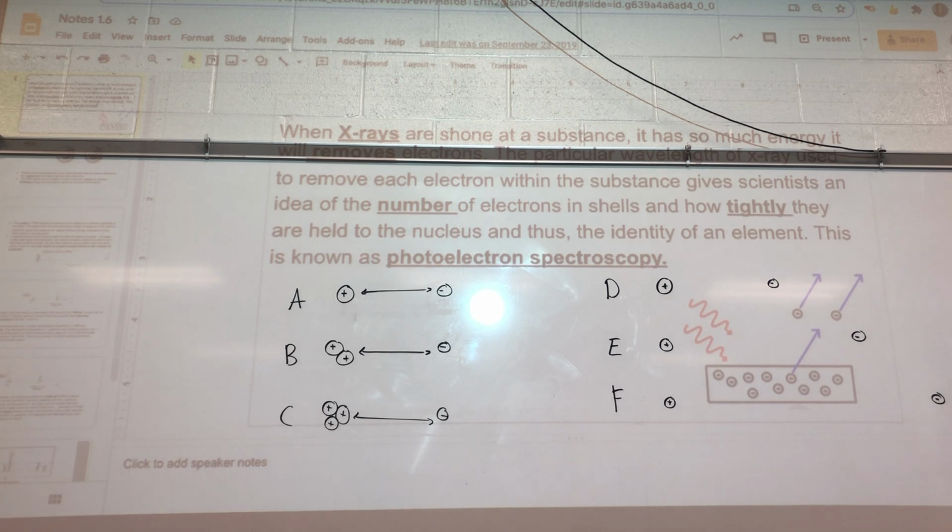Question 2, which one has the greatest force of attraction between D, E, and F, and why? Set your pencil down when you're done.